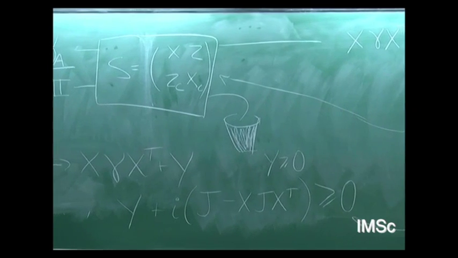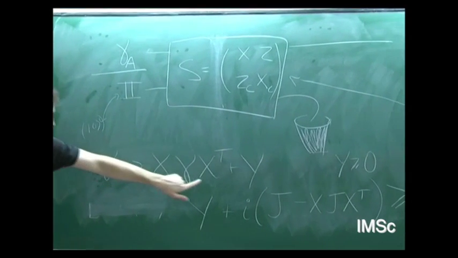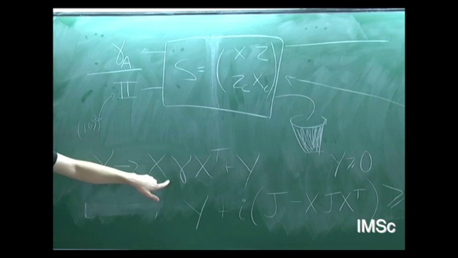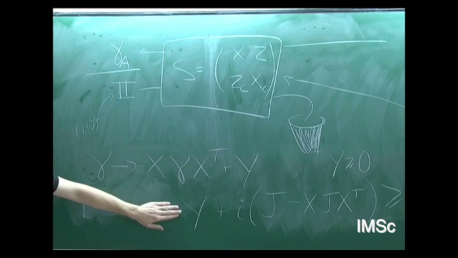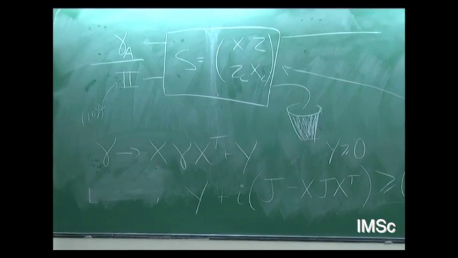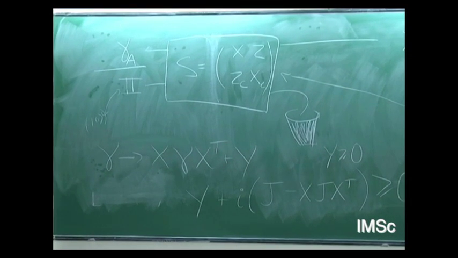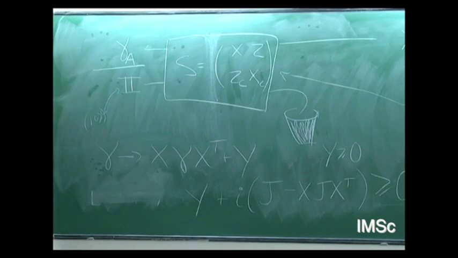And actually, any transformation that looks like that maps gamma to gamma conjugated by some x, plus some y. If this y and x pair satisfy this inequality, it will give me a physical, completely positive trace-preserving map, and will be associated with some symplectic transformation.